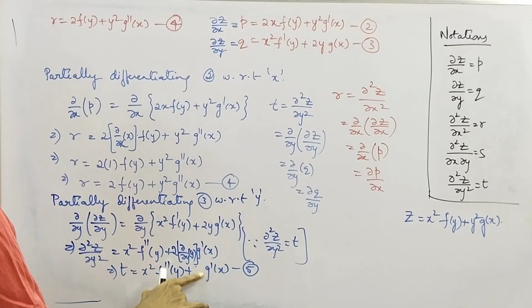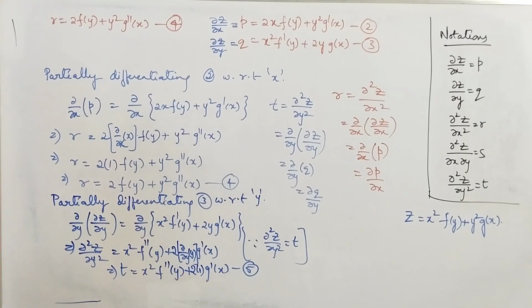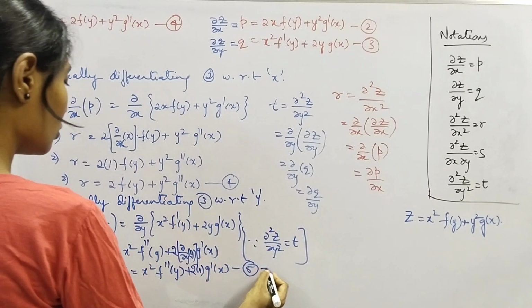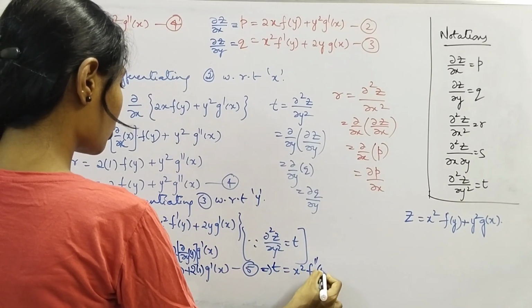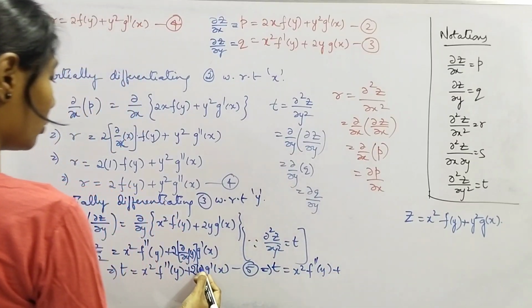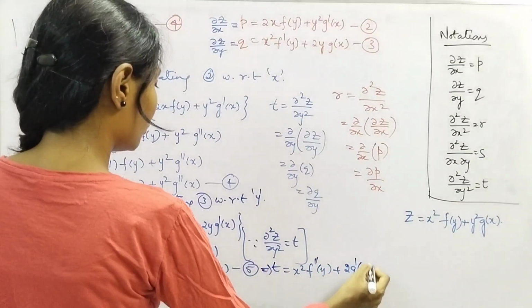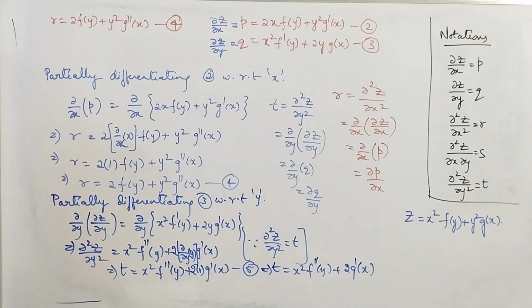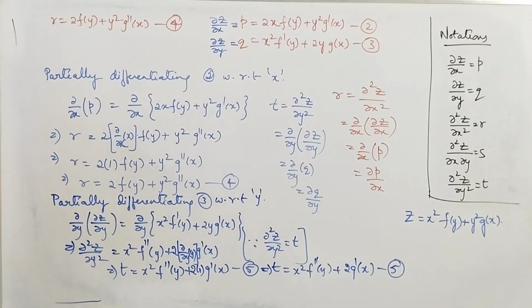So here you will get 2 into 1 into g dash of x, which gives us t equal to x square f double dash of y plus 2 into 1, 2 into g dash is 2g dash of x, right? Which is our equation number 5. Now we got equation number 5 involving t.